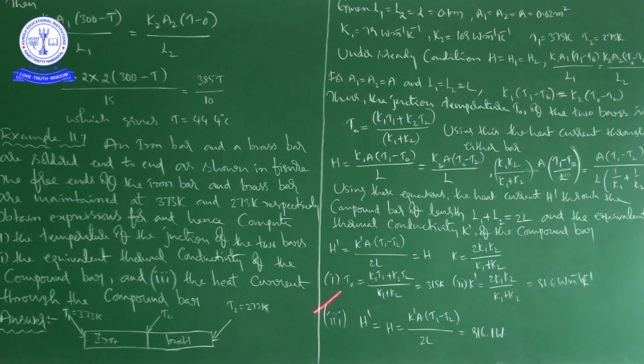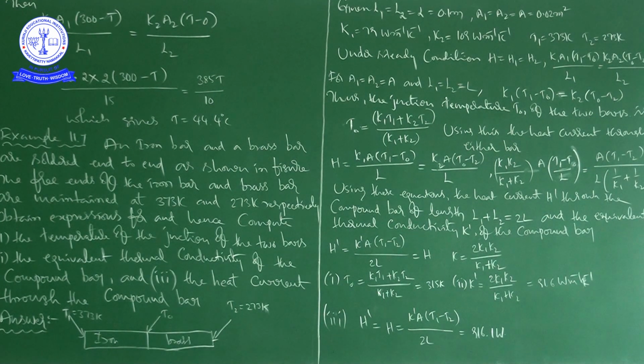T0 is K1 T1 plus K2 T2 by K1 plus K2, which is equal to 315 Kelvin, because the conductivity values and the temperature values are given in Kelvin. So we get 315 Kelvin.